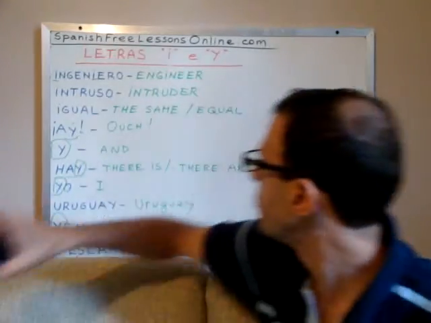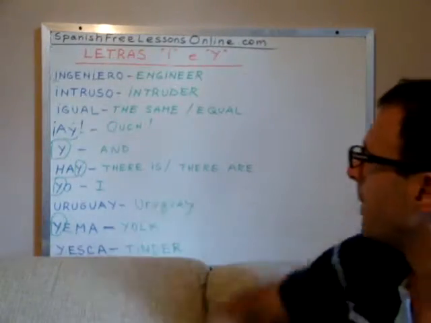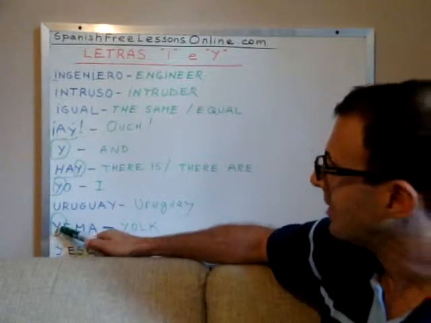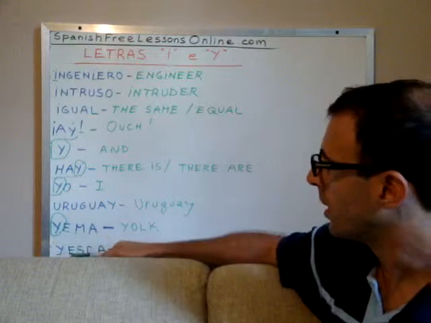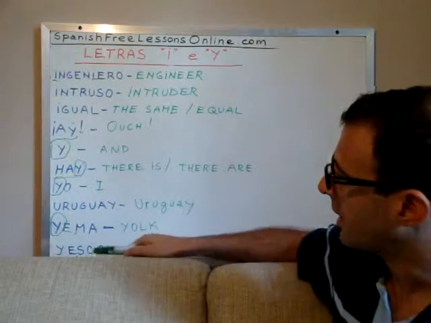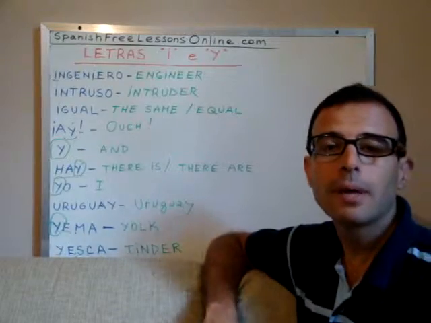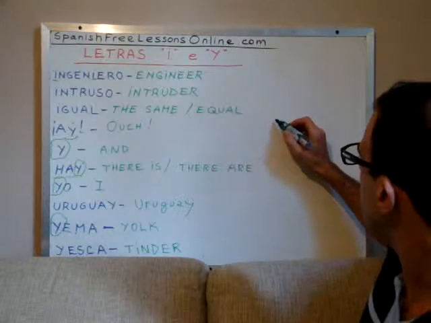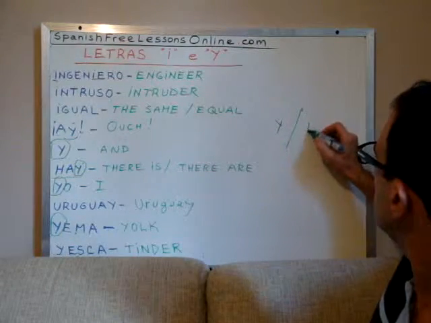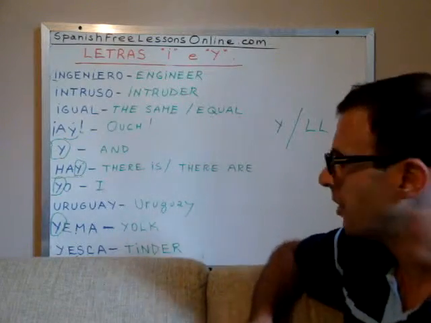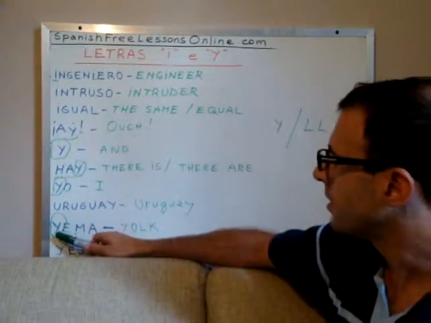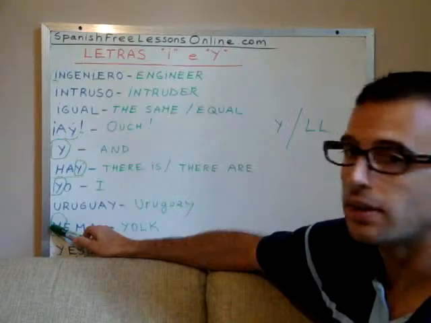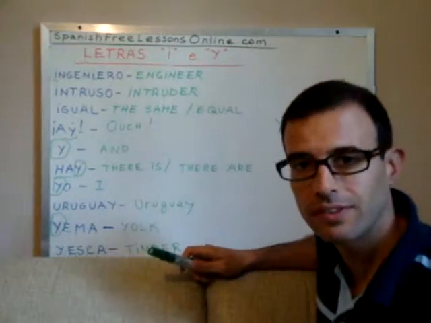One more thing before we end this lesson. The letter Y in its second pronunciation, when it's followed by a vowel, many times it confuses many people, even Spanish speakers, because it has the same pronunciation as the double L. Okay, so here we have to know that this yema is written with Y and not with double L, because the pronunciation would be the same one, right?